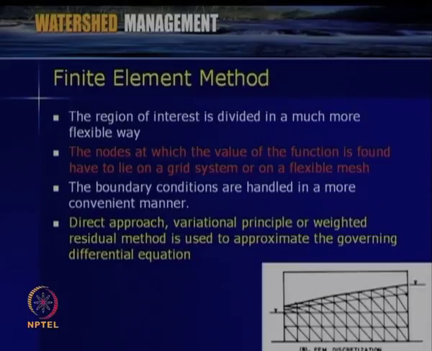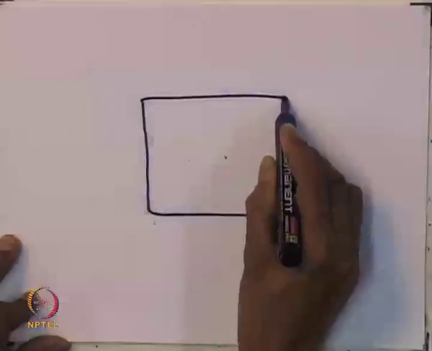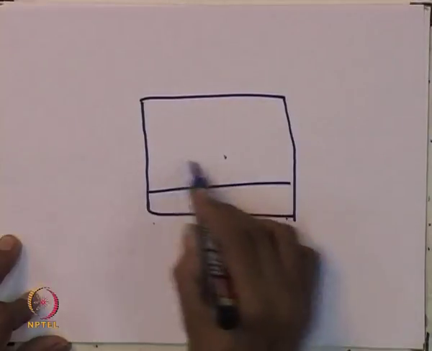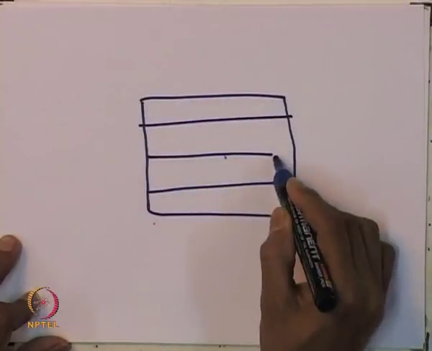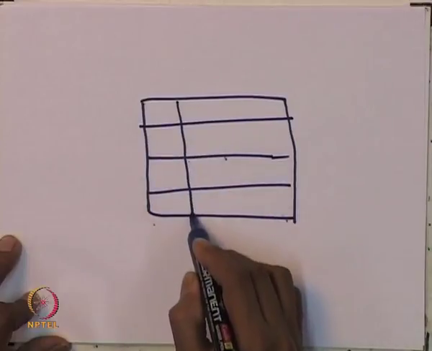Here, various schemes like the direct approach, variational principle or weighted residual approach are available as far as the finite element method is concerned. Say, if you consider a rectangular domain like this, or an irregular domain also, it is much easier to deal with using the finite element method.